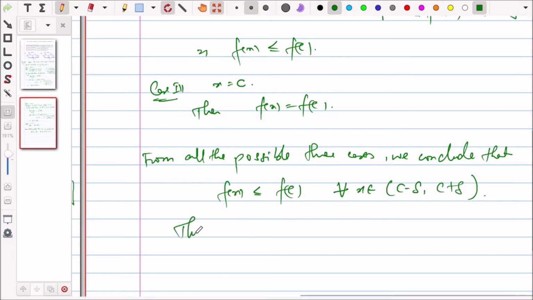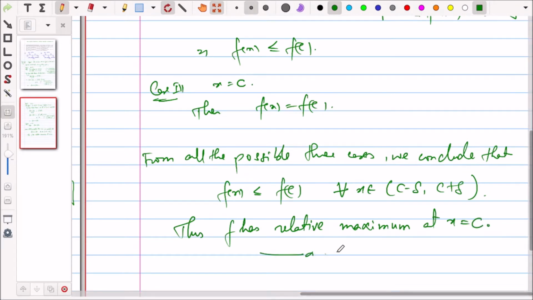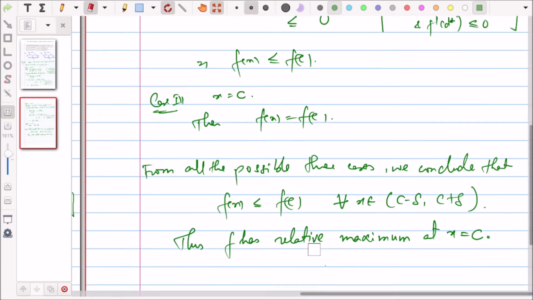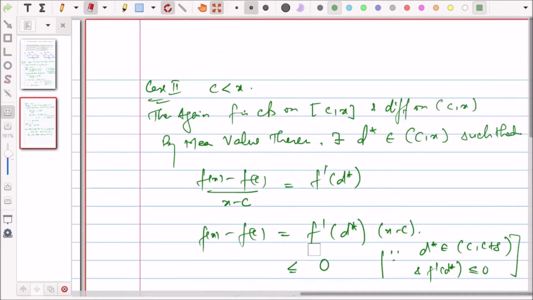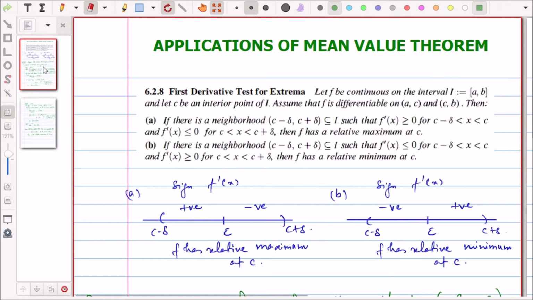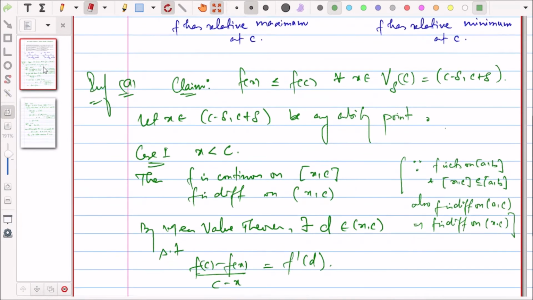So hence thus f has relative maximum at x equal to c. Okay, is it fine everyone? Is it clear? Yes, sir.